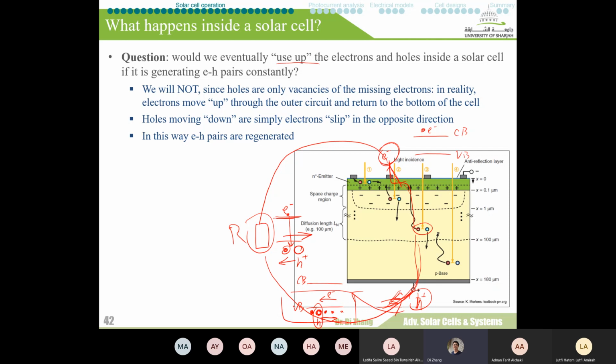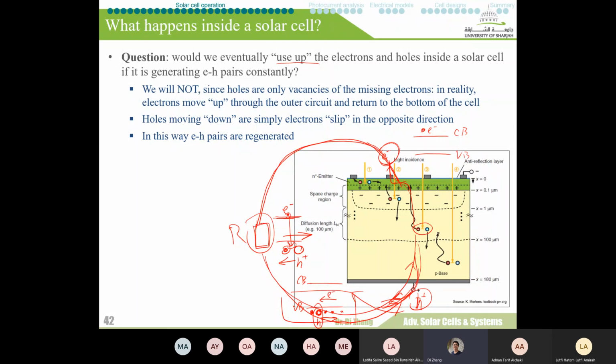Okay, so if you look at the electrons and holes in this way, we are sending our high energy electron to the load, and after the load, the electron switches to the low potential state. And in the low potential state, the electrons come back to the semiconductor. So this forms a complete loop for the solar cell operation. In this way, we will never run out of electrons and holes.